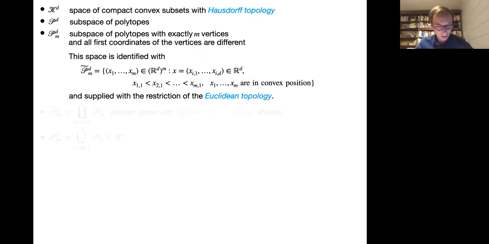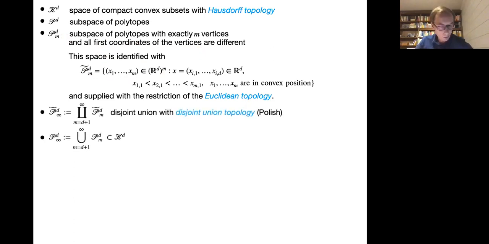How can we go further? Well, first, we form two different spaces, namely the space P_infinity^d tilde. This is just the disjoint union of all these subspaces of Euclidean spaces. And you supply this space with the disjoint union topology. So this is the finest topology such that all these canonical injections become continuous.